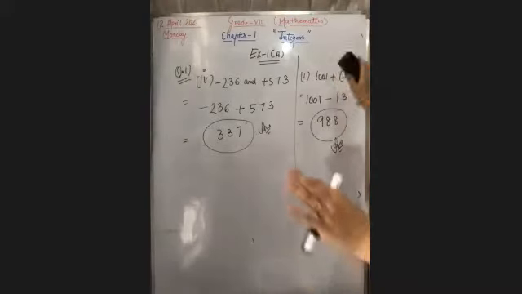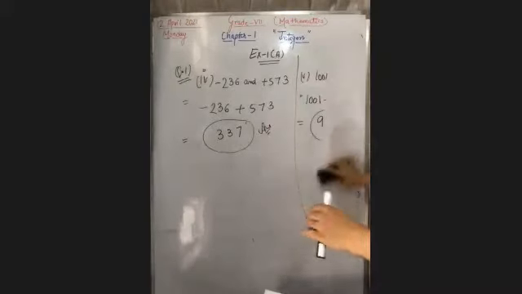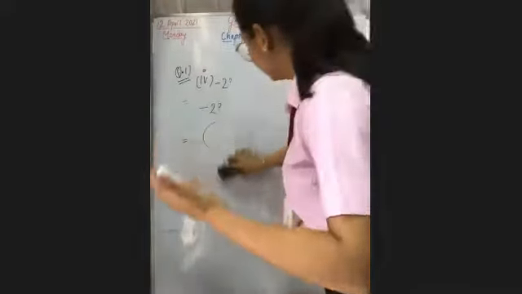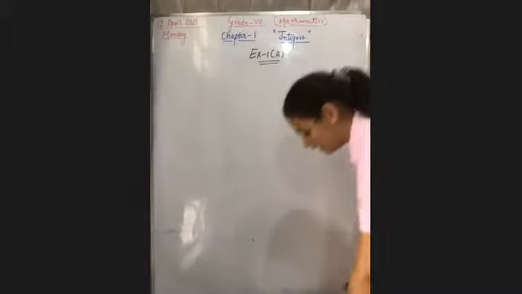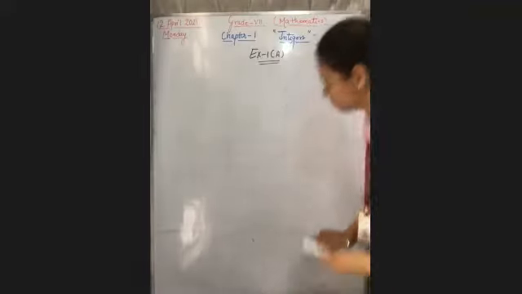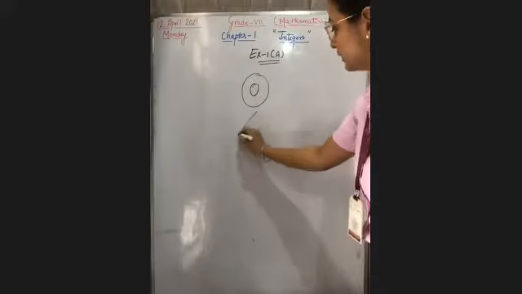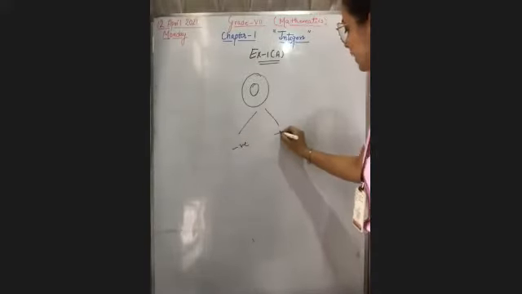Okay, correct. So this is your first question based upon the addition of any two integers. Integers, I'm saying again, are the negative numbers or the positive numbers including zero. All these are known as integers. If anyone asks you, what is zero? Is it a negative integer or a positive integer?